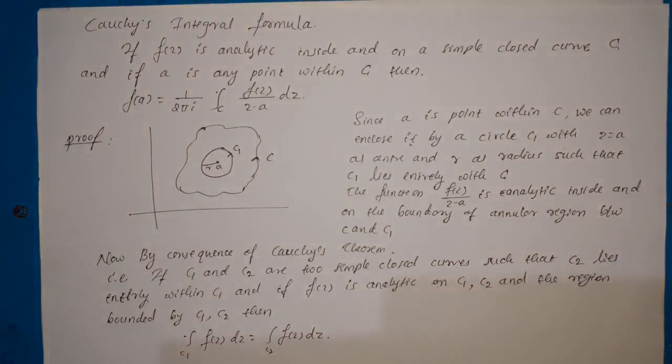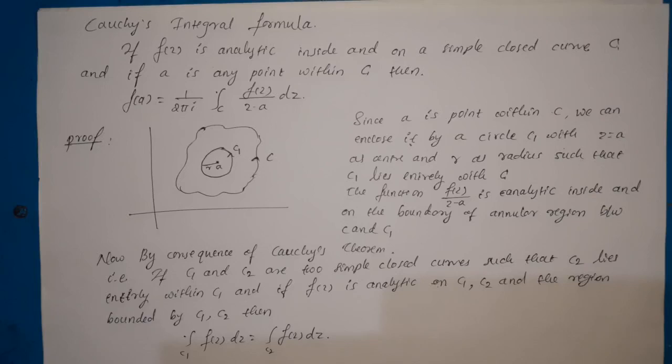The next theorem is Cauchy's integral formula. Here this is helpful to evaluate the value of an integral. Instead of integrating the function, you can directly find the value of the given integral.